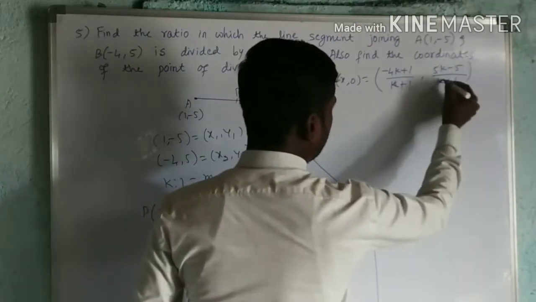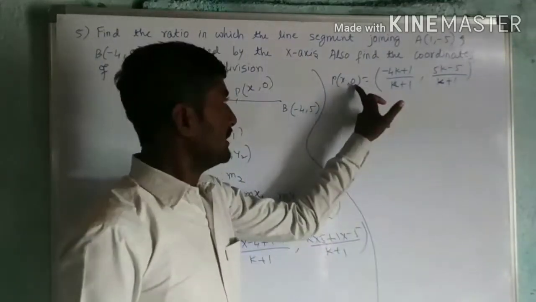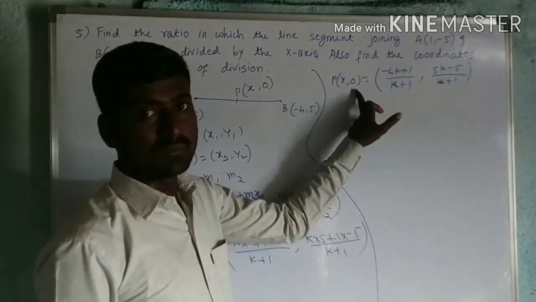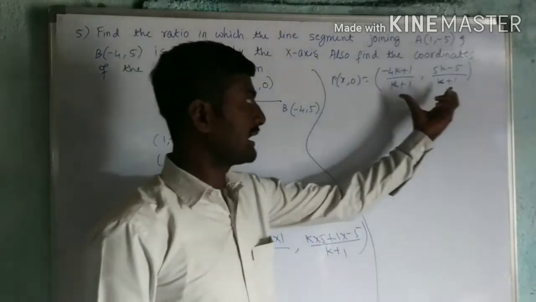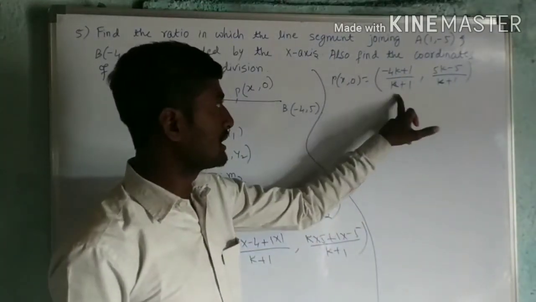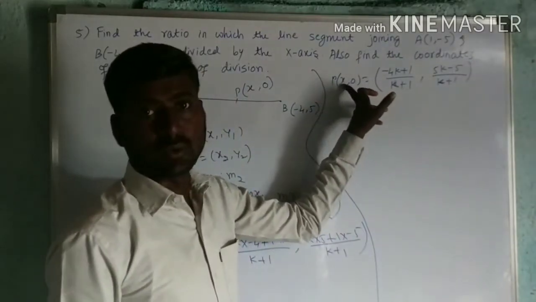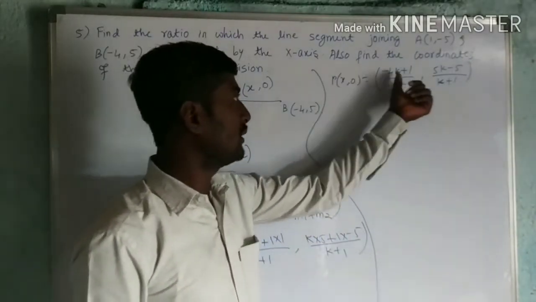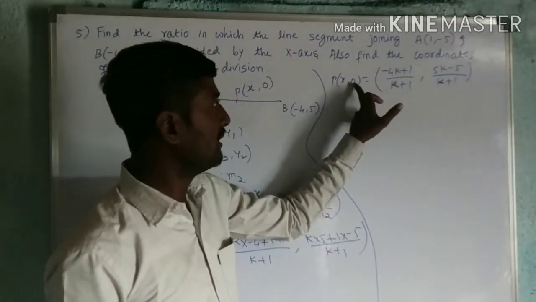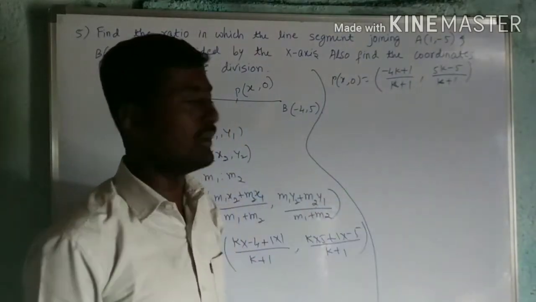Here we are going to find the value of k, but the x coordinate is unknown and the y coordinate is known. Already said, if two ordered pairs are equal, then their corresponding elements must be equal. For the first element, x is unknown and k is also unknown, so we cannot find it. So you must take 0 equal to the second element, then automatically you can find the k value.